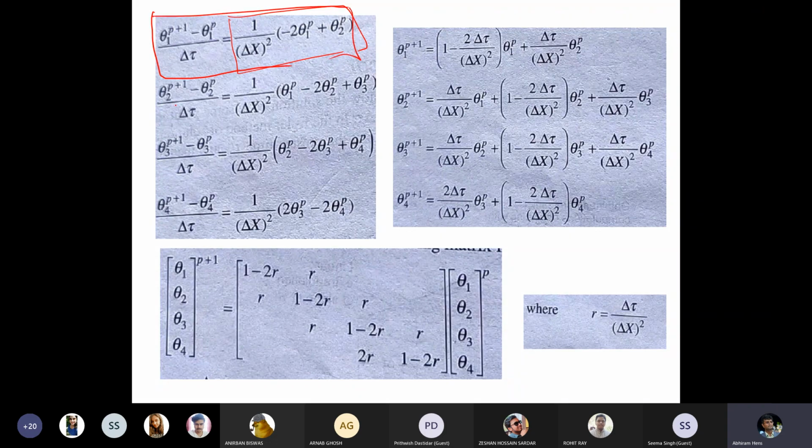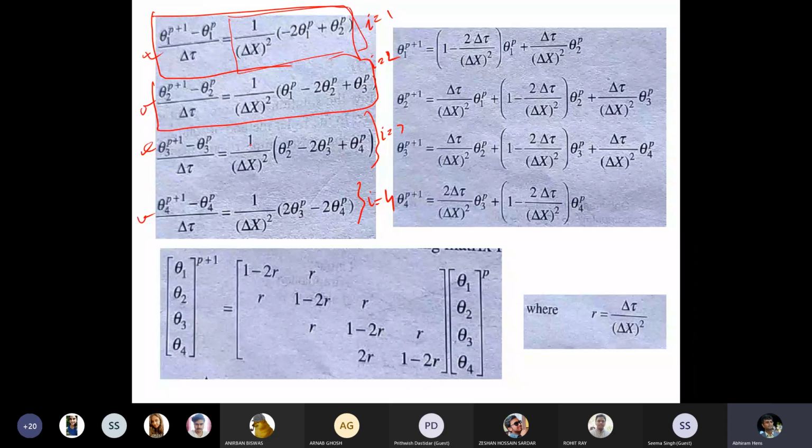No differential term is there. This is an algebraic equation now. So this is for i equal to 1. Similarly, this is for i equal to 2, this is for i equal to 3, and this is for i equal to 4. Okay, so these 4 algebraic equations we got now, simultaneous algebraic equations.